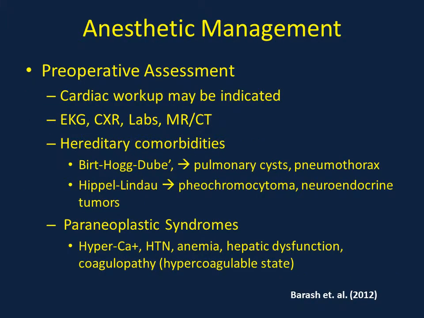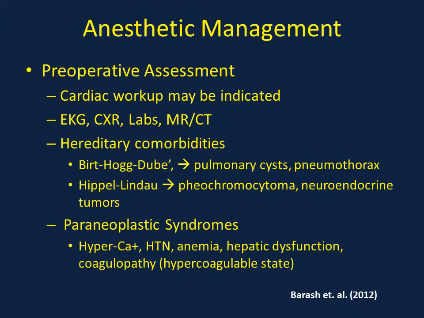With regards to preoperative assessment, because cardiovascular disease risk factors are commonly associated with renal cancer, so you have advanced age, male gender, chronic or end-stage renal disease, and hypertension, it may be prudent to evaluate the patient's cardiac status preoperatively if indicated, and you base that on your patient's presentation and their specific medical history with regards to chest pain or exercise tolerance, etc. Preoperative EKG and chest X-ray may be indicated.